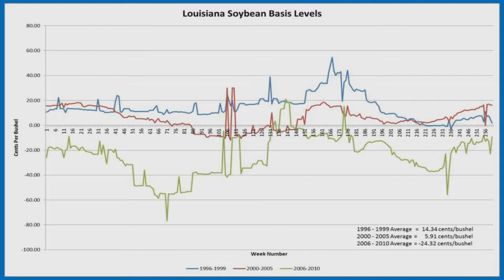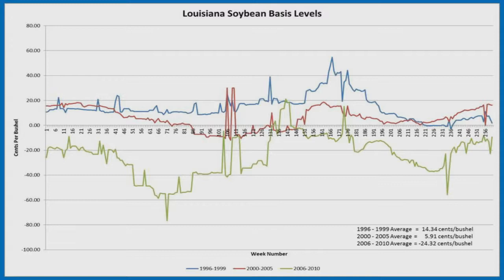And you can see here, basis levels are pretty variable throughout the year. They tend to get stronger as we move to harvest, because there's a little bit of a risk premium prior to harvest. We don't know exactly what the size of the crop is going to be.